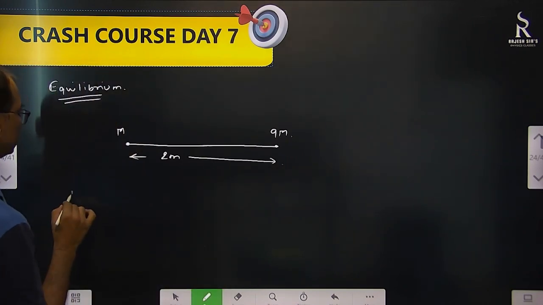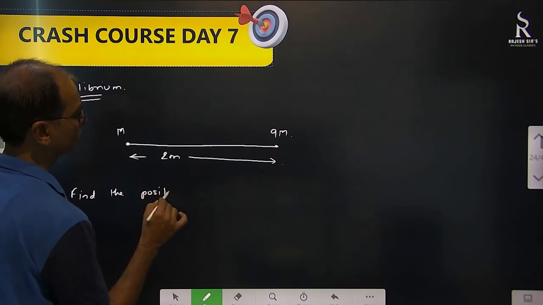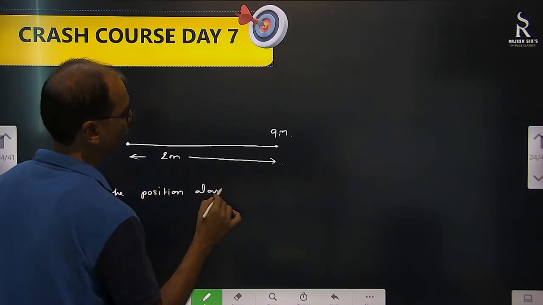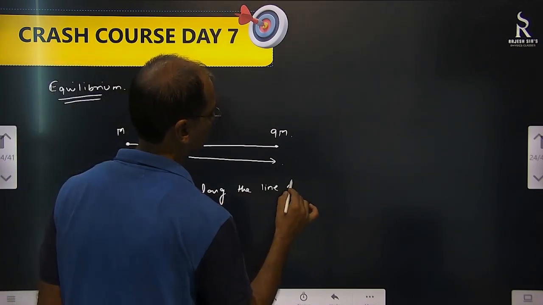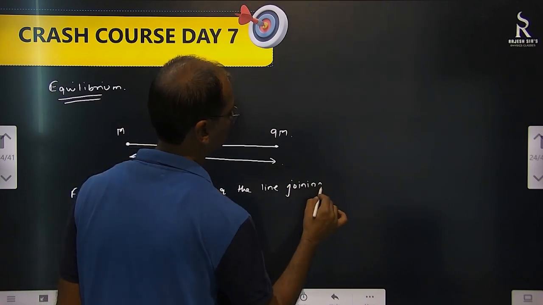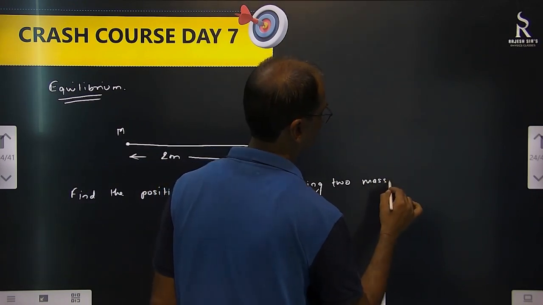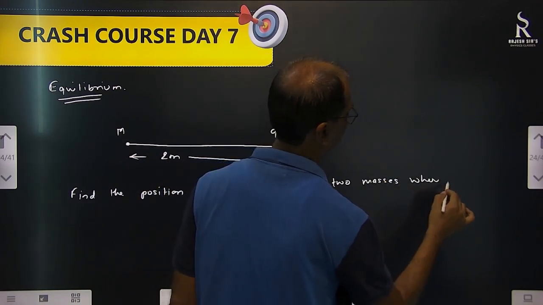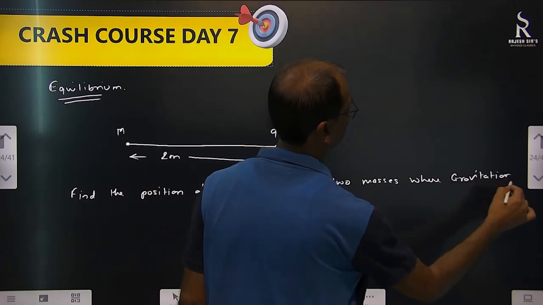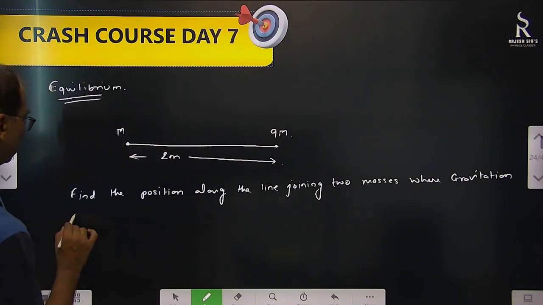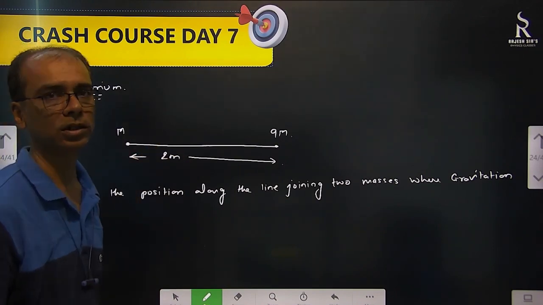Find the position along the line joining the two masses where the gravitation field is 0. Or the same question I could have asked is, where shall I keep a third mass so that the net force on that is 0? Both are the same question.